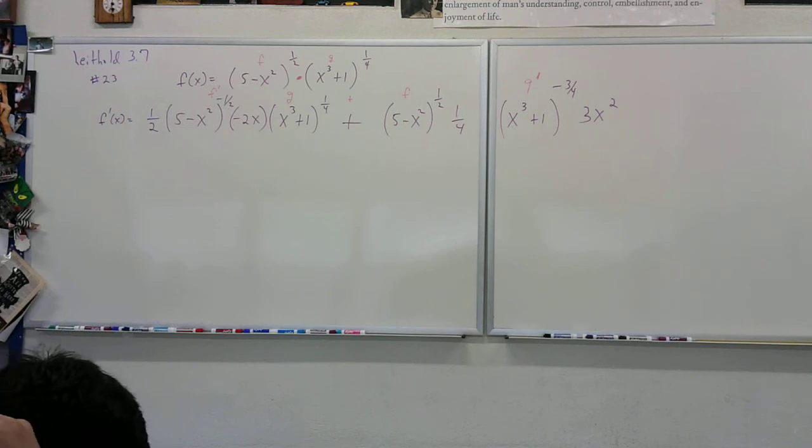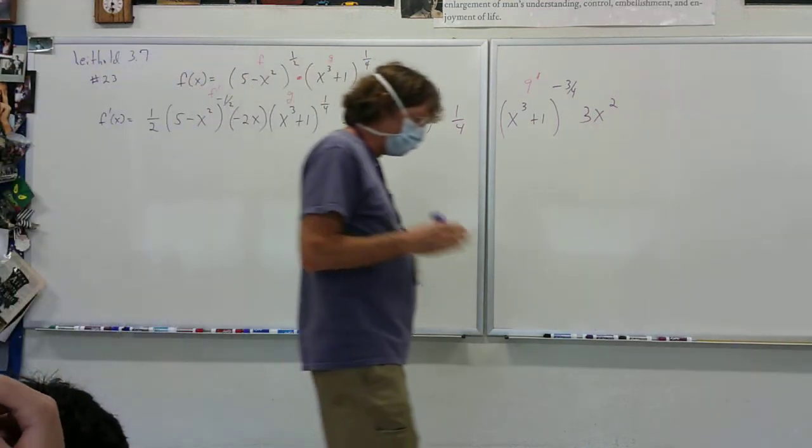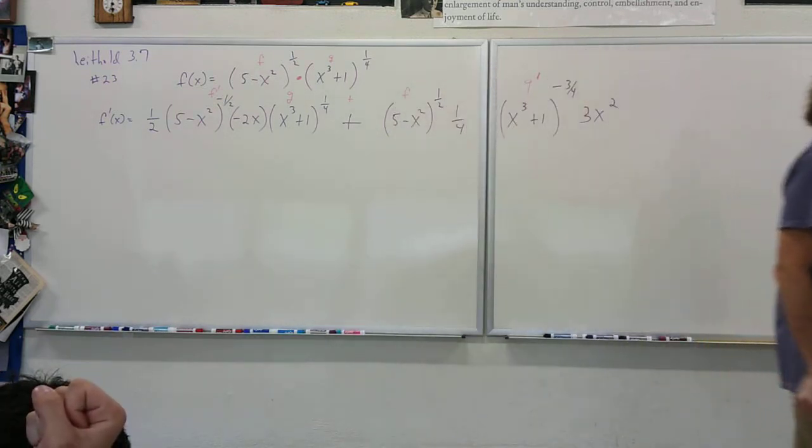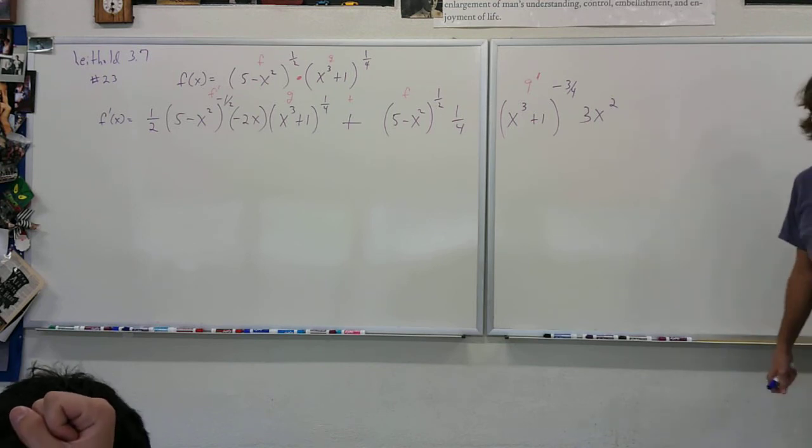What power are you going to take each parentheses out to? The lowest power. Do not factor it out to a power other than the lowest power, because we're hoping to get little powers of 1 all inside the bracket. We don't want anything with nasty powers in the bracket.